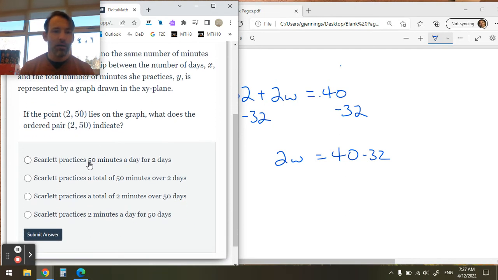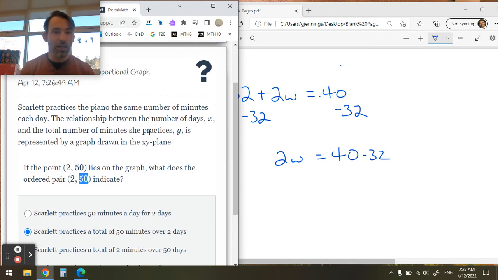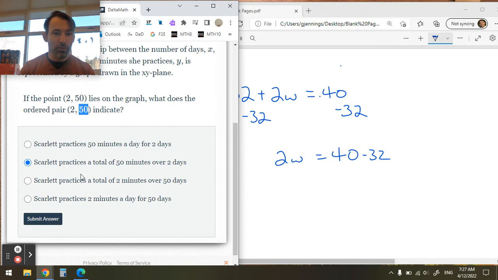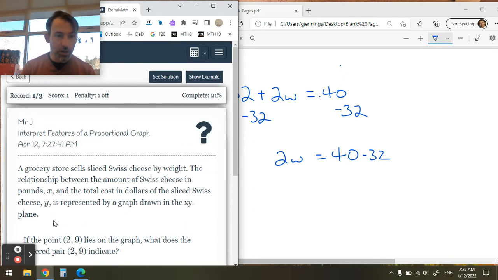She practices 50 minutes a day for 2 days? No. A total of 50 minutes over 2 days would be correct. Okay. So this indicates that 2 days have passed, and this indicates that 50 total minutes have been practiced. Okay. And so that would be this one.